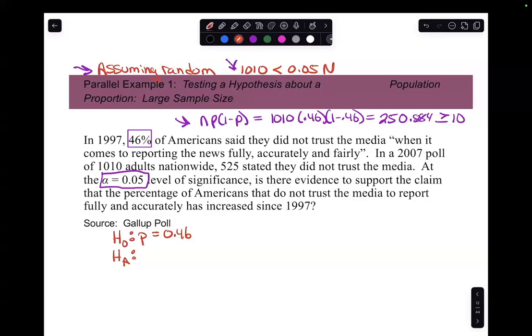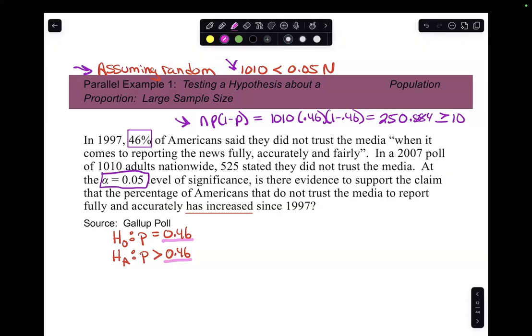Either one is fine. It says that they think it has increased. Therefore, this is a right-tailed test. So they say that p is greater than 0.46. Remember, I stated that this number is going to be the same for both of these. We just change the sign in the middle. Okay, this is good. We've got this.